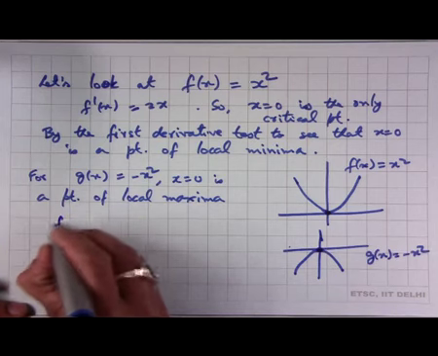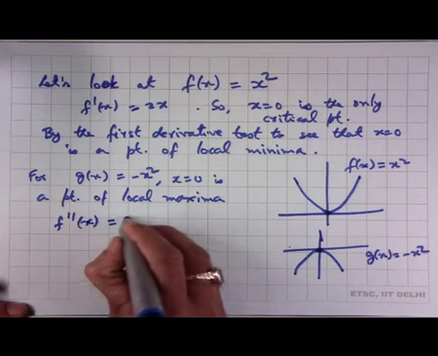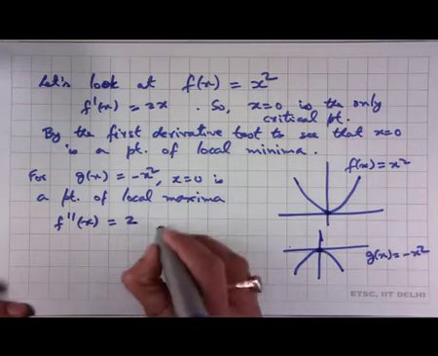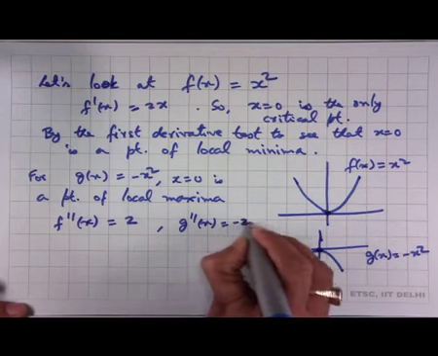What is f double prime of x? This is equal to 2, and if I look at g double prime of x, this is equal to minus 2.